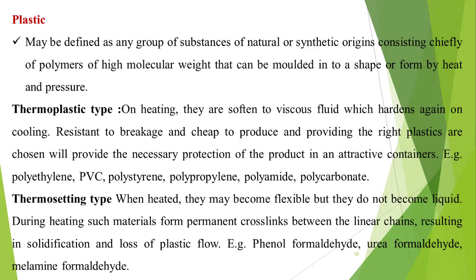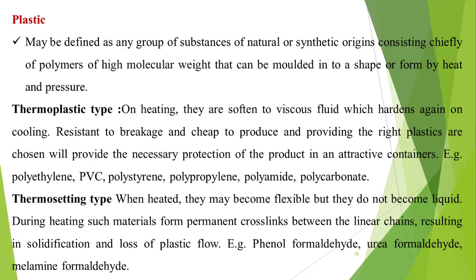Next one, thermosetting plastic. When heated, they may become flexible, but they do not become liquid. During heating, such material forms permanent crosslinks between the linear chains, resulting in solidification and loss of plastic flow. For example, phenol formaldehyde, urea formaldehyde, melamine formaldehyde.